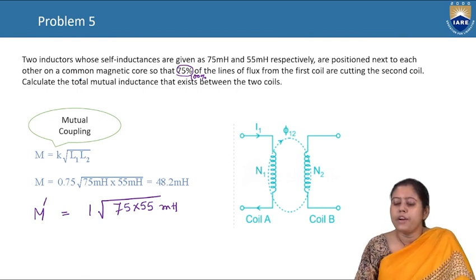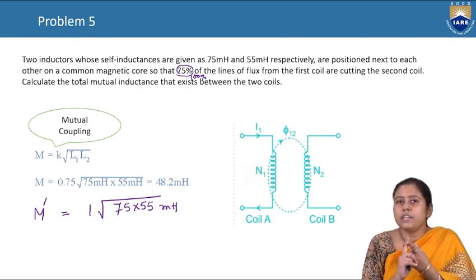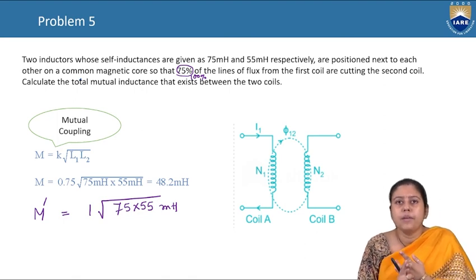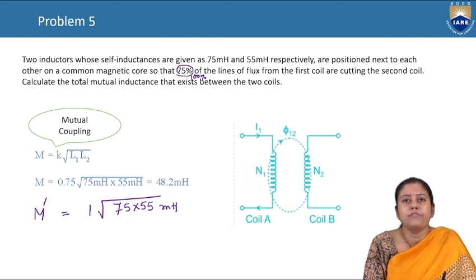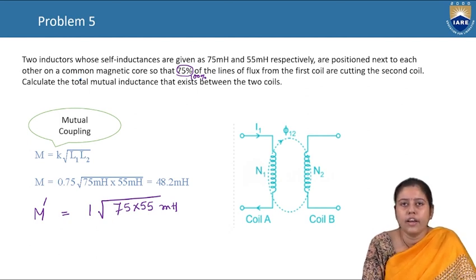So in this chapter we have discussed first what is inductance, what is self-inductance, what is mutual inductance, then a problem on the inductance of a coil, a solenoid, and a cylinder.